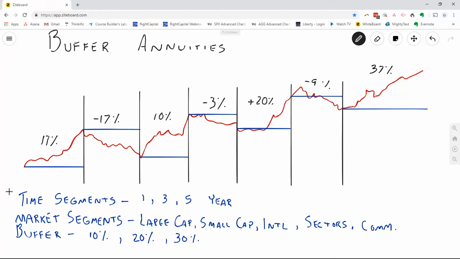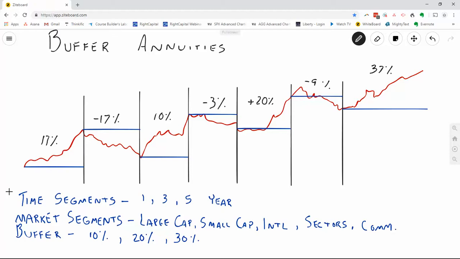Now keep in mind, these time segments do not refer to how long you have to hold the investment. They do not refer to surrender periods. They're just simply referring to what I would call crediting periods. What's the time period until an actual credit of interest or gains gets applied to the account? After 12 months, after 36 months, after 60 months, 1, 3, 5 years.